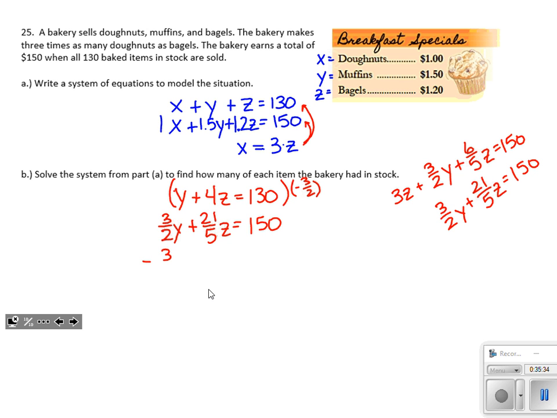I get negative 3 halves y, and then negative 3 halves times 4, that's negative 12 halves z. And then this 130 times 3 would be 390 divided by 2, that's 195? No. Maybe this was a bad approach.